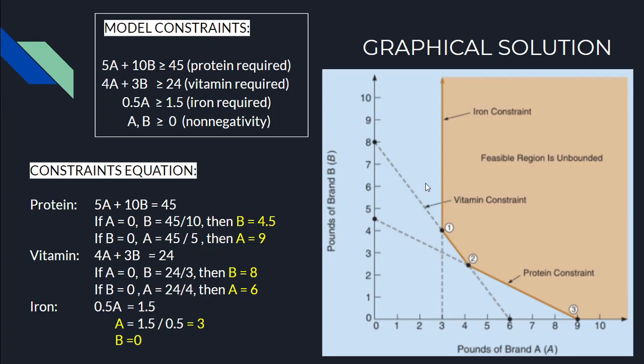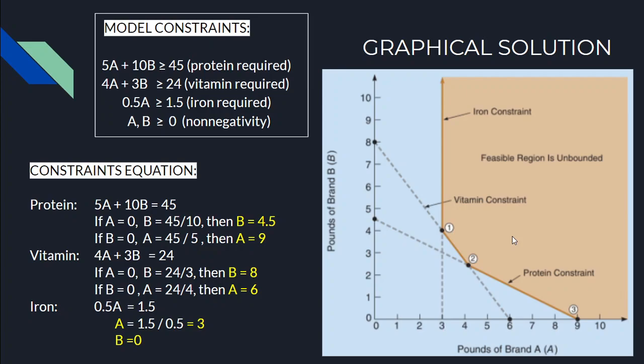For iron, yung A niya is nasa 3. So yung B, 0. Wala na tayong paglalagyan. Pag nilinyahan natin siya, isang diretsyo lamang pataas. Okay? So this is how our graph will look like.